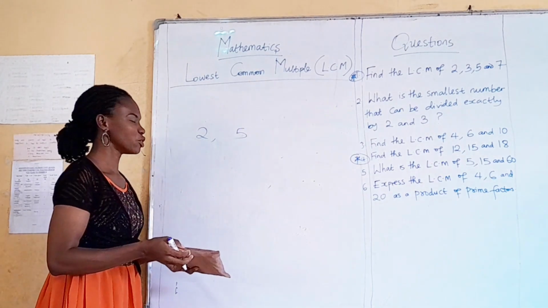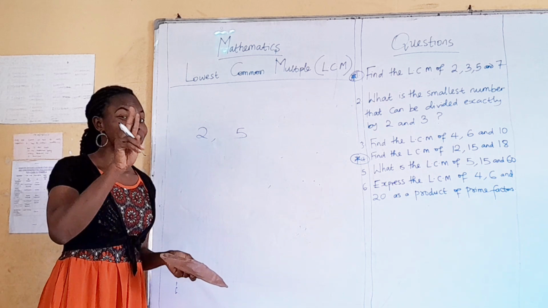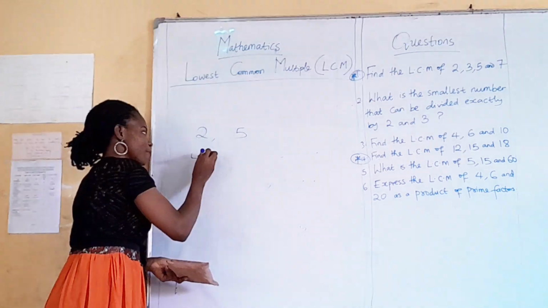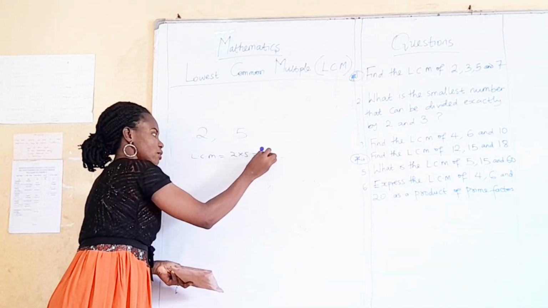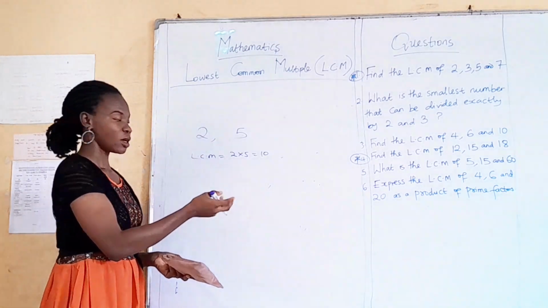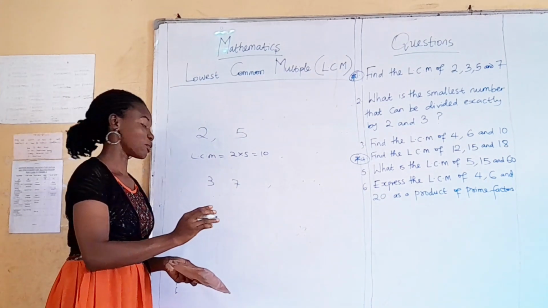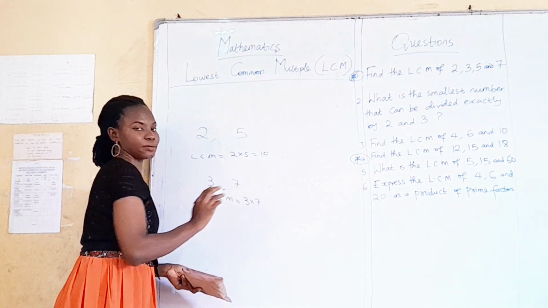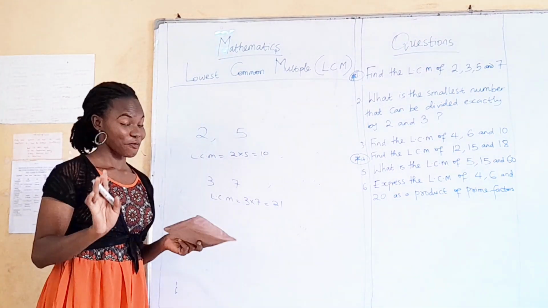When you have such numbers, the LCM will be their product. Like 2 and 5, nothing can divide them, so their LCM is their product: 2 times 5, which is 10. The same thing if I have 3 and 7. They don't have anything in common, so their LCM will be 3 times 7, which is 21. Is that clear? So that is the first one.